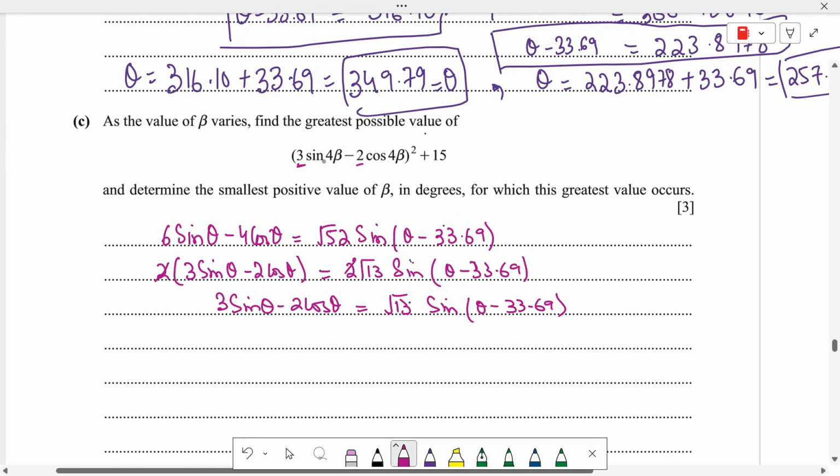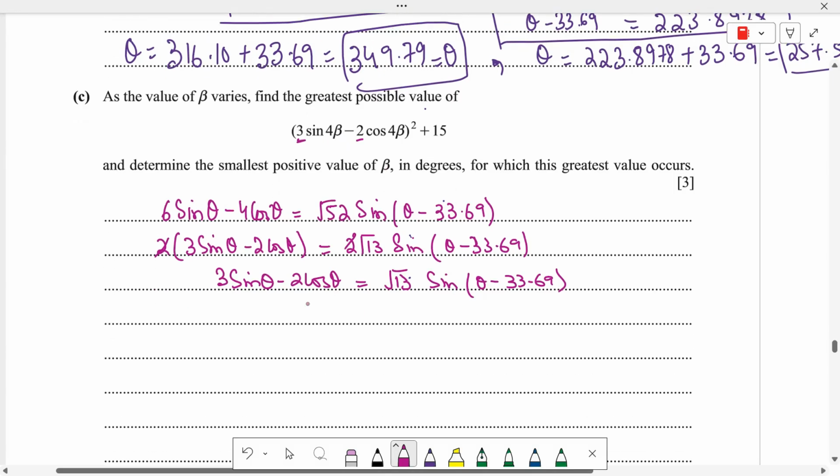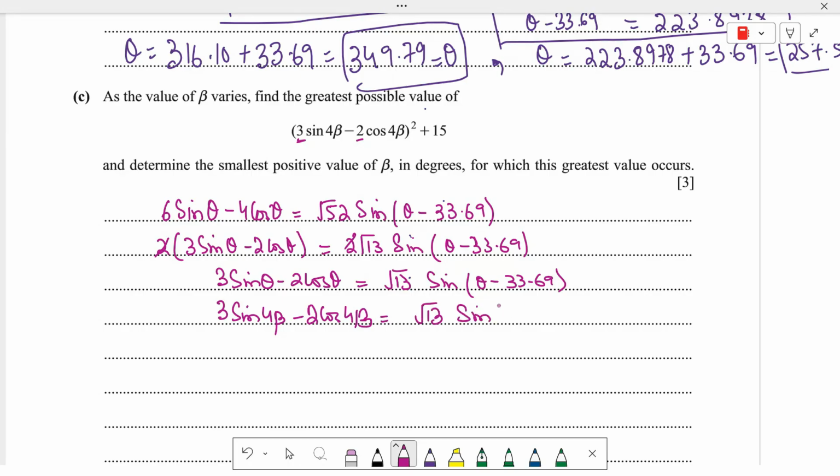So in place of theta, we will plug in 4 beta. So here 3 sine of 4 beta minus 2 cos of 4 beta is equal to under root 13 sine of 4 beta minus 33.69. Okay.